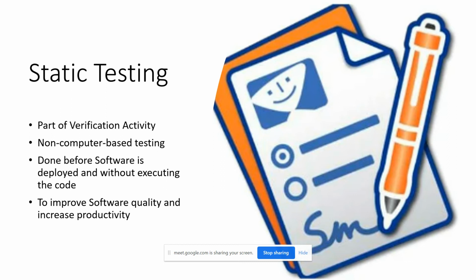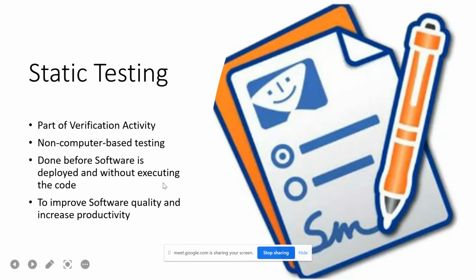Before the software comes into the picture, you will have the documents, the process, the requirement specification, and the installation qualification, which describes what type of installation needs to be done. So all the documentation based activity before the software is tested will fall under static testing.